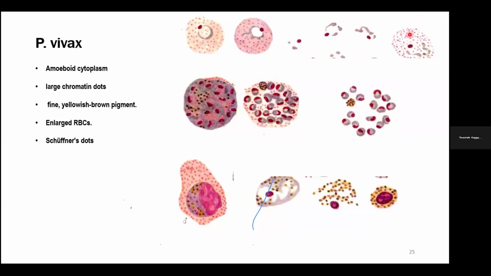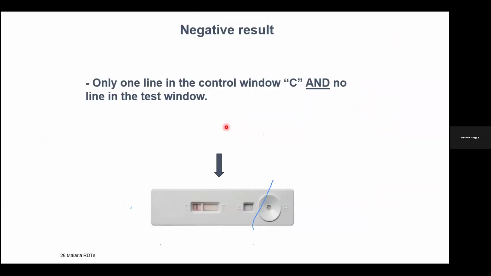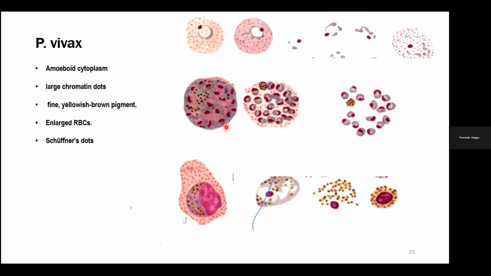Also, there is the ghost shape left by the Schüffner's dots after the cell was hemolyzed, and the amoeboid nature of the cytoplasm. Those are the distinguishing features of P. vivax.